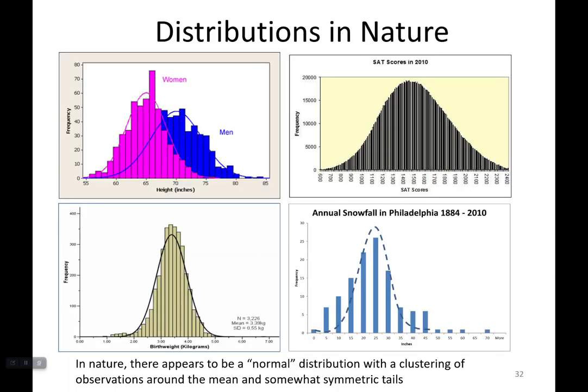And let's talk about this standard deviation and distributions in nature. If we graph enough data in nature, like the heights of women, the height of adult men, birth weight of children, and so on, what you find is many of them have a very similar distribution or shape. And that is, it's a single peak.